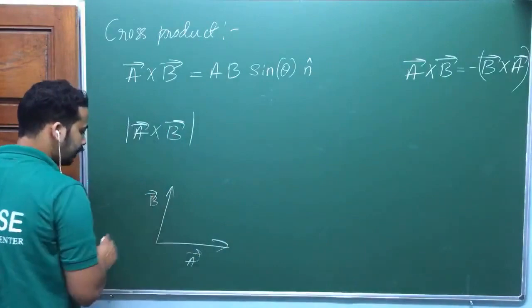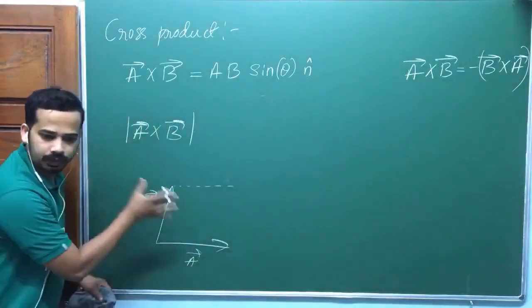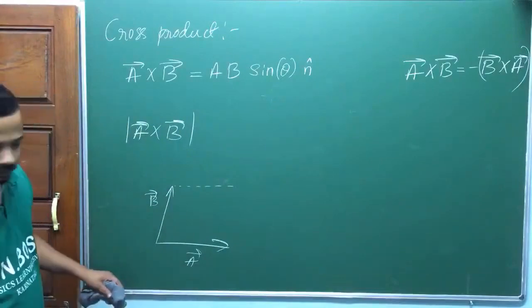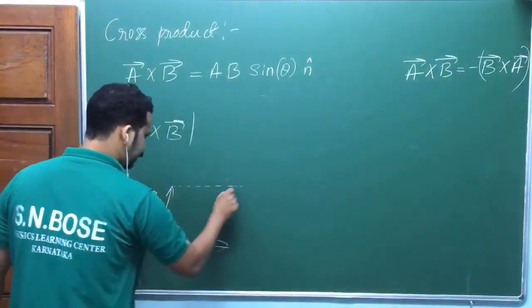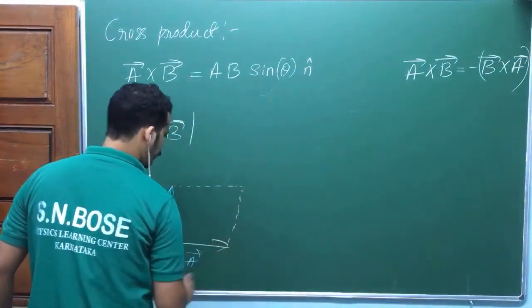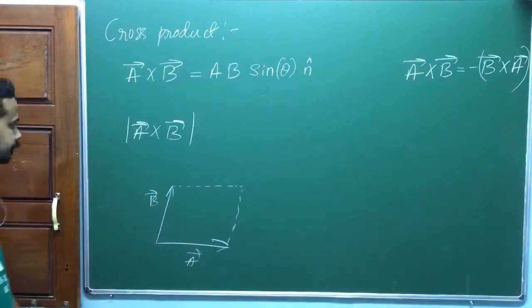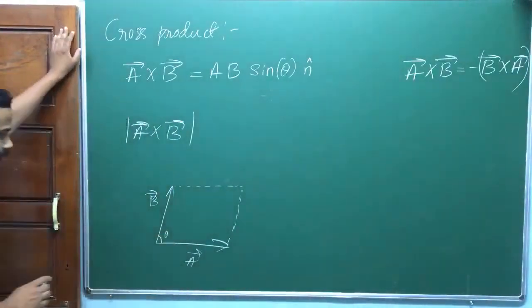Vector B here. These are on the plane of the board. Let me take it like this. This is theta.